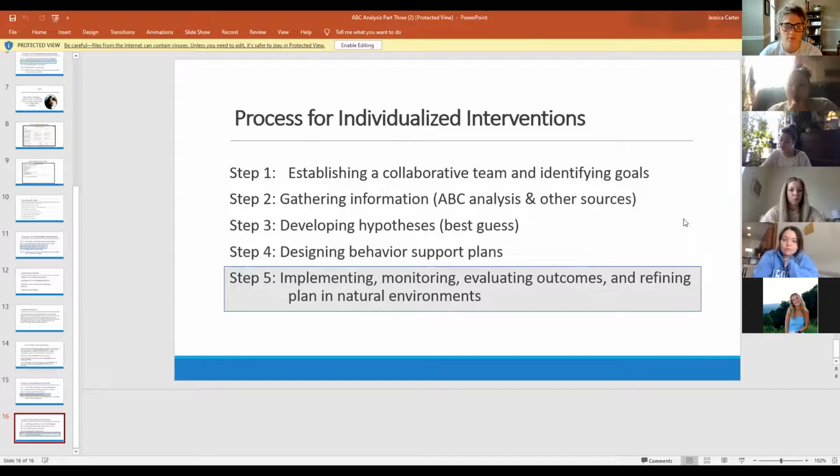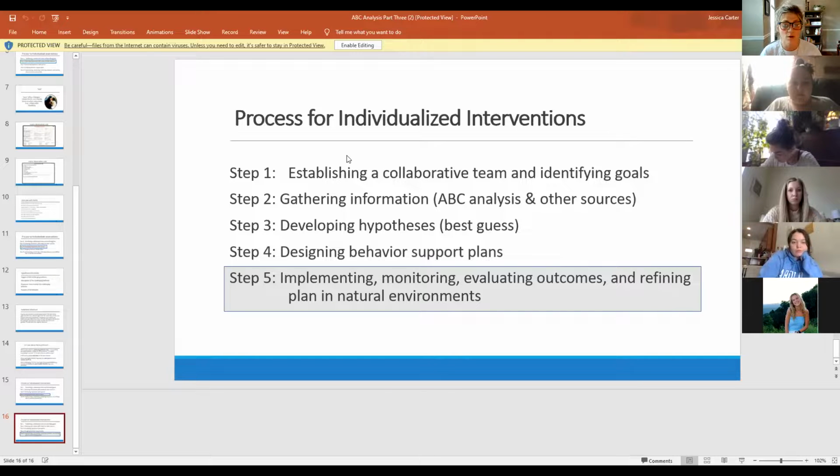And this kind of brings us back to square one, where as we're implementing the recommendations, we have to monitor and evaluate, and that's going to come from more data collection, right? Because we need to know, is this working? So we're going to make sure that we're keeping track of the behavior. Are the behaviors subsiding?